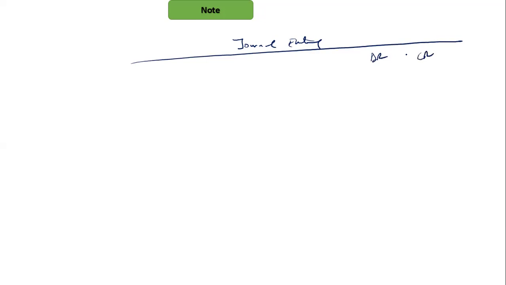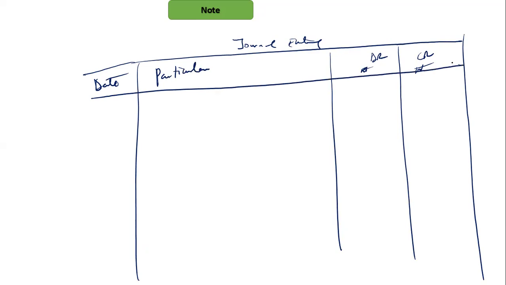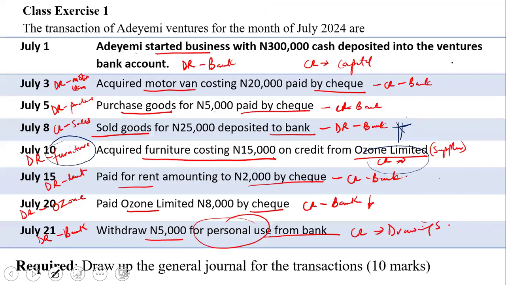So, let's take another journal to accommodate others. Okay, so we can move. We now have 3 more to go.